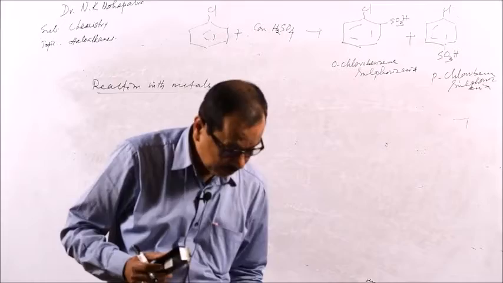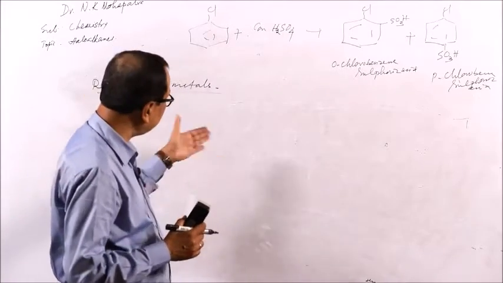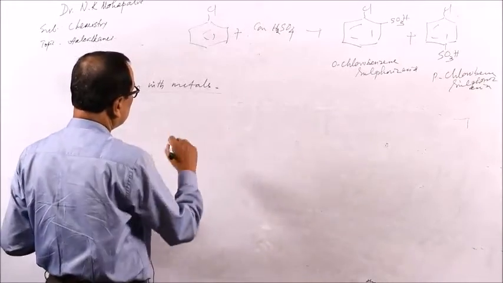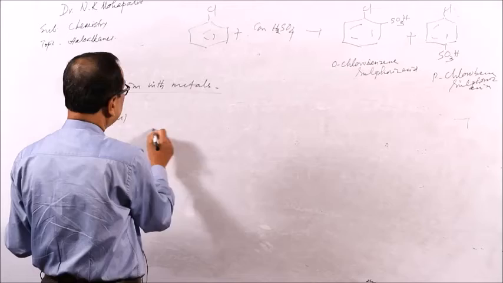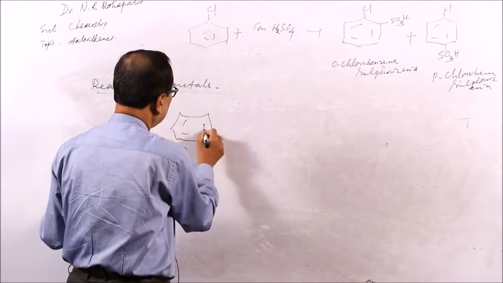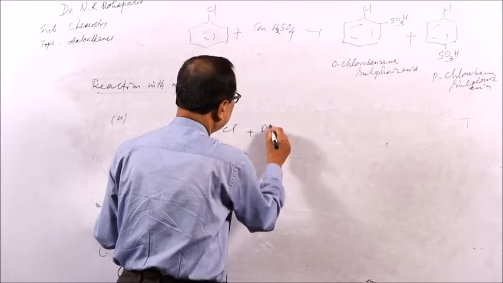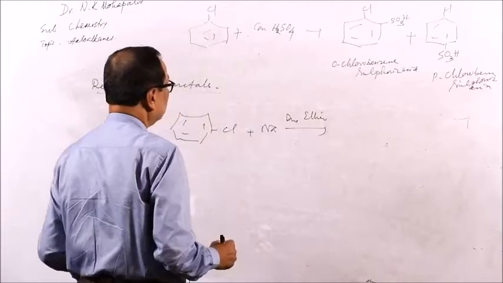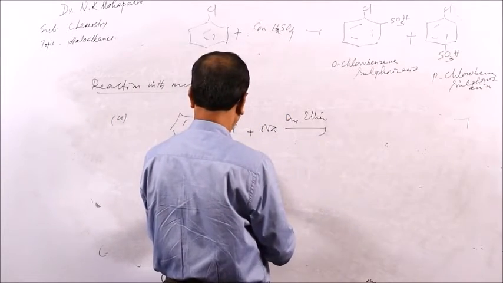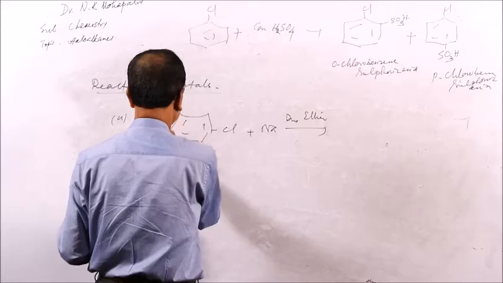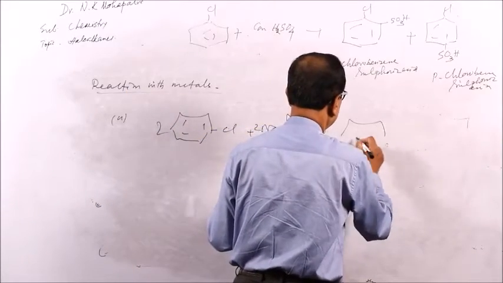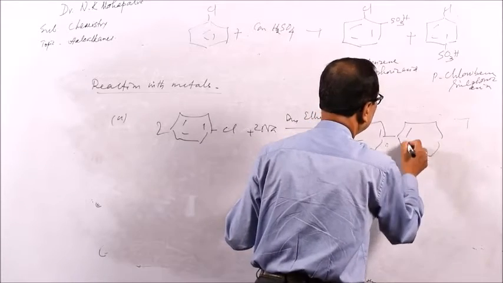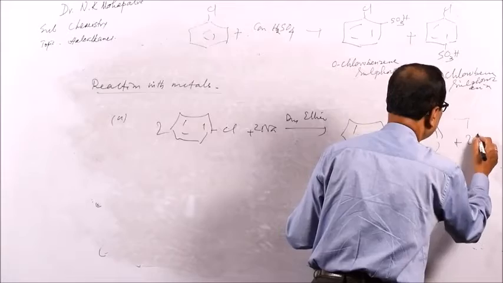Just like the Wurtz reaction, when chlorobenzene plus metallic sodium in presence of dry ether, we get two molecules of this, plus 2NaCl.